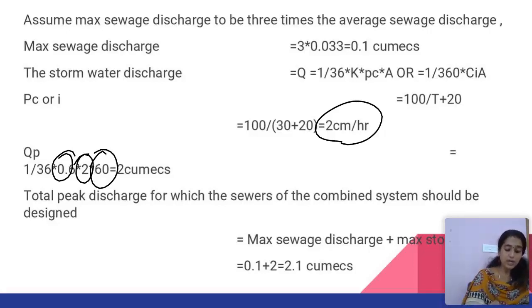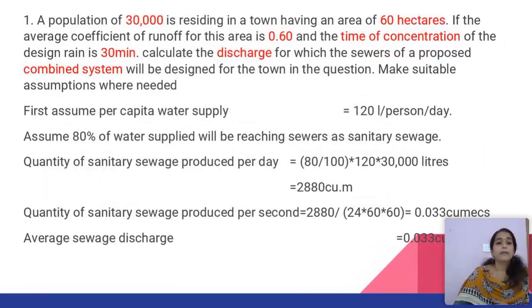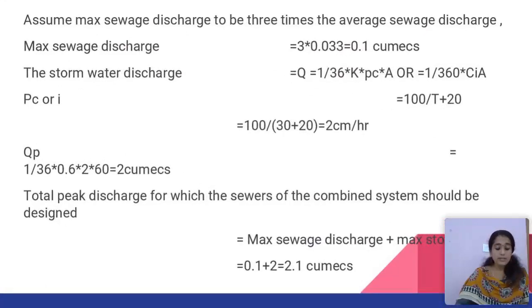The total peak discharge for which the sewers of the combined system should be designed will be maximum sewage discharge plus maximum stormwater flow. We already calculated the maximum sewage discharge, and the maximum quantity of sewage discharge is 0.1 plus 2, that is the stormwater flow.